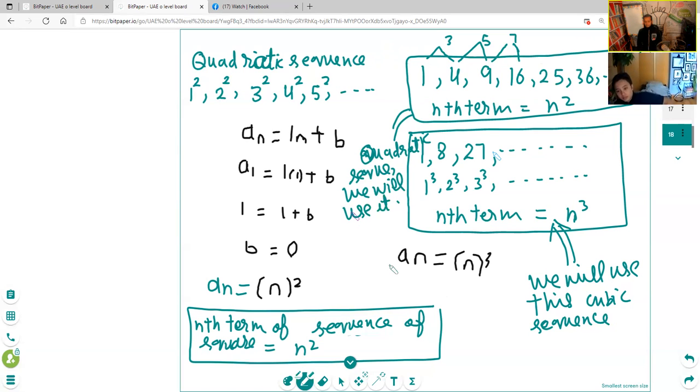Is it clear? Now I will teach you what is a quadratic sequence. Quadratic and cubic sequences are similar, some properties are similar. There is a minor difference. In a quadratic sequence, the form has n square. In a cubic sequence, the general form has n cube.